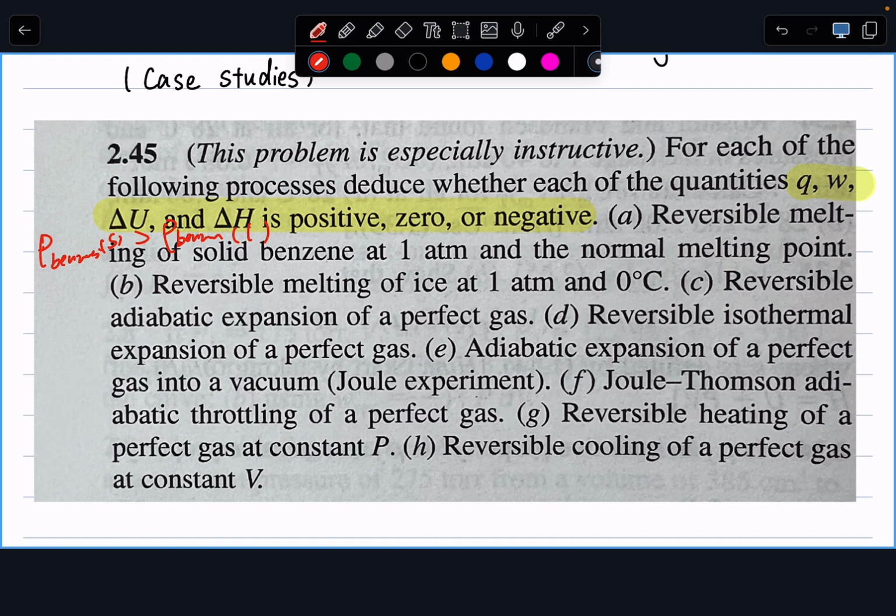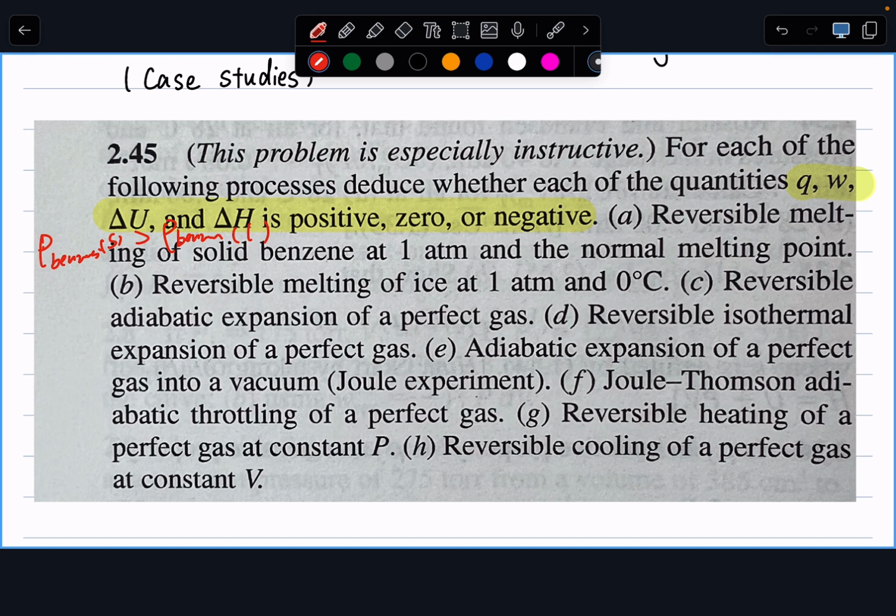So this one will be a positive value, because final minus initial gives a positive value, but your overall work is a negative value. But it's going to be a very small number, because in the melting process your density change is very small. So we're going to put small here.